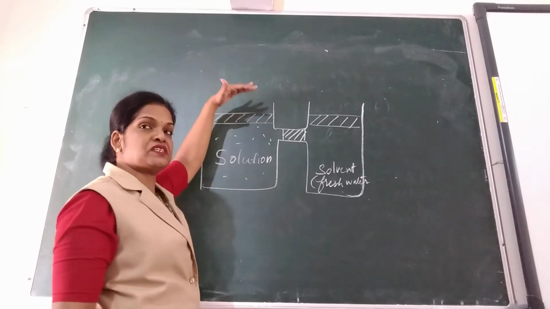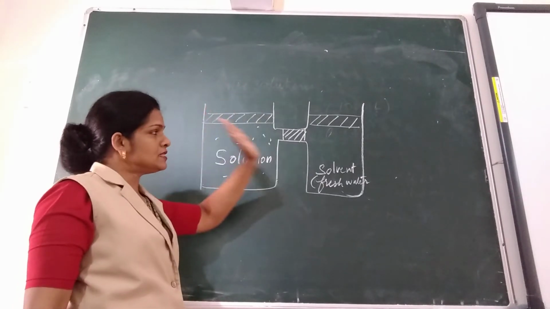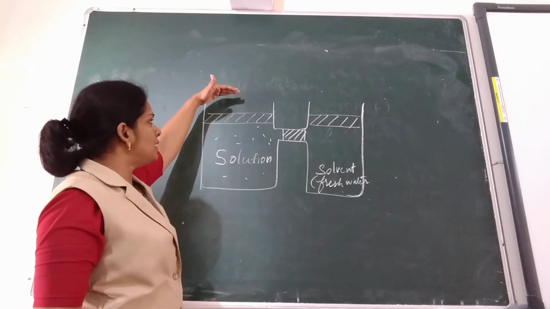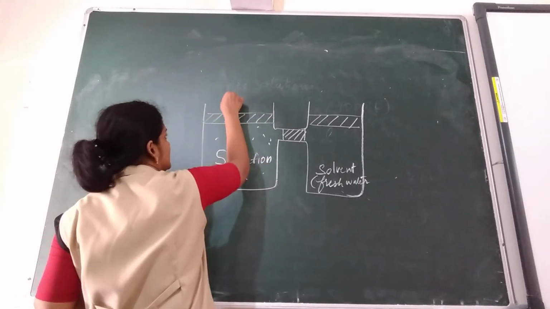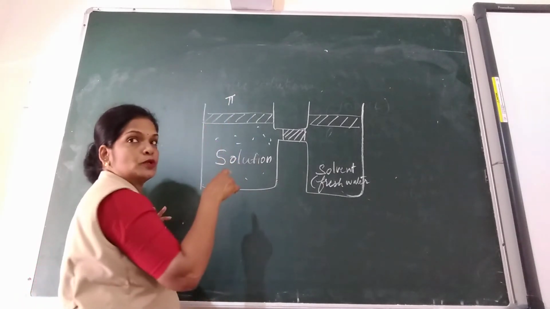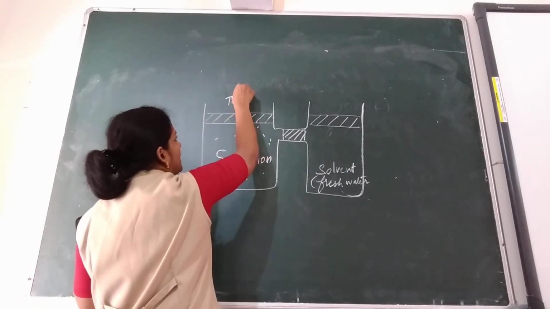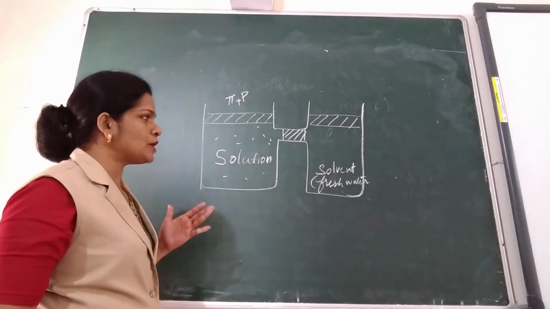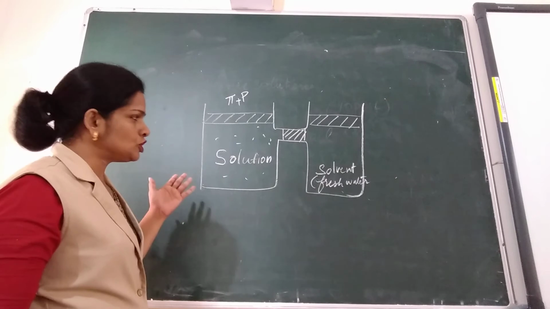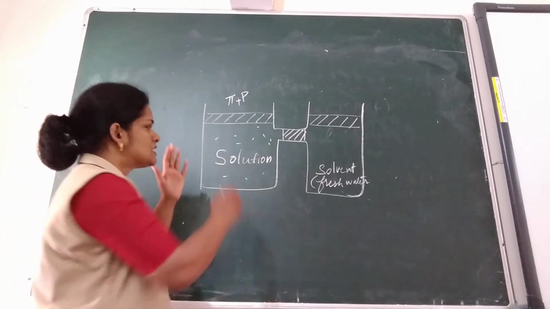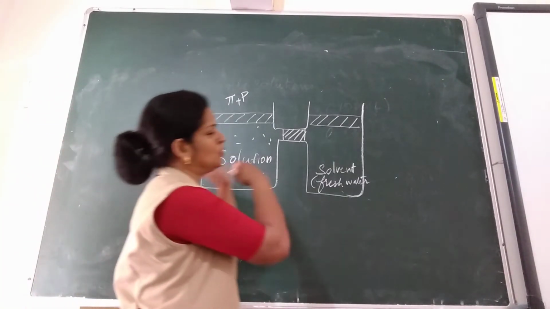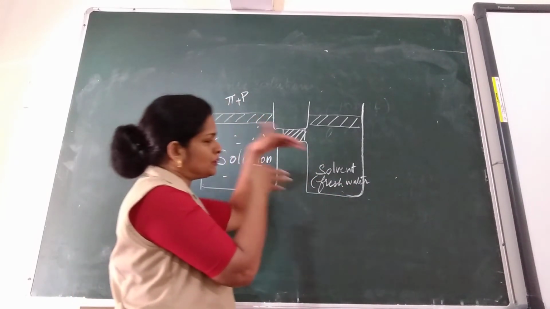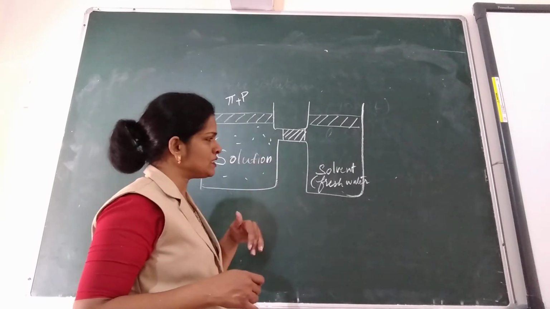Osmotic pressure is the pressure that is applied on the solution side just to stop the flow of the solvent. But if you apply a pressure greater than osmotic pressure, an extra pressure, what will happen? Solvent from the solution will move to the fresh water.